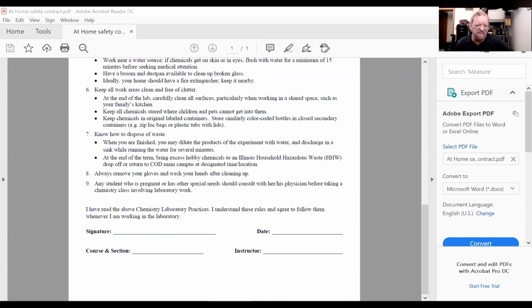I'll have a PDF and a Word file that explains how to do that and how to upload it via assignment. For this one, instead of using assignments, can you directly email me the at-home safety contract? Next week, in all labs, you upload through assignments.